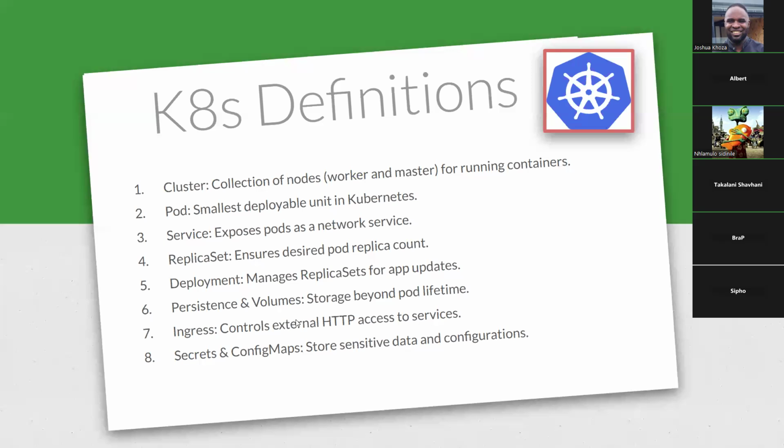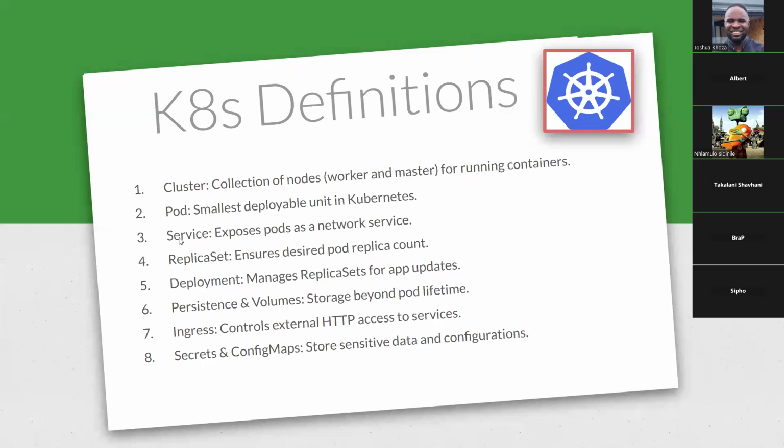This controls how the outside world accesses the services inside our cluster. And then here are the secrets and config maps. This is how we handle sensitive information, like secrets, which can be any keys, and then some configurations as well.